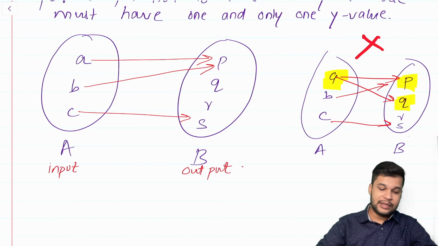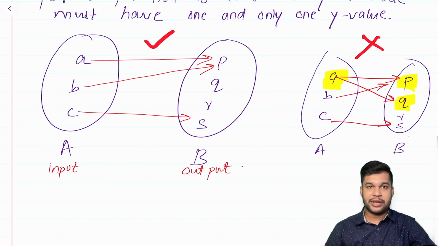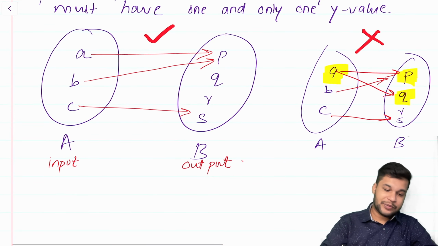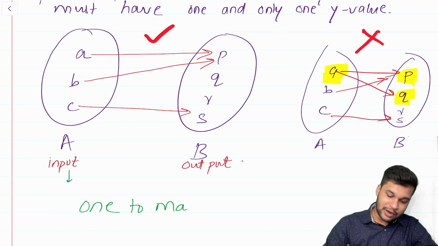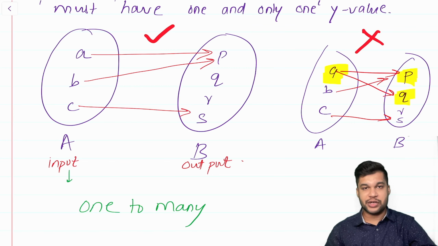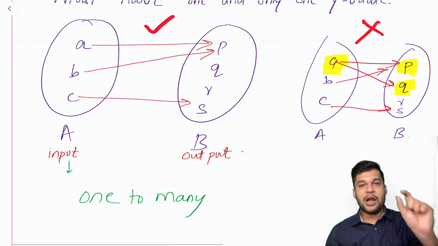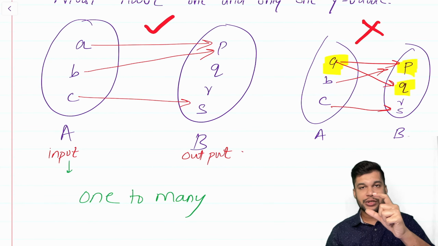The first one is a function, right? So the mapping is one to many. It is a one to many function.